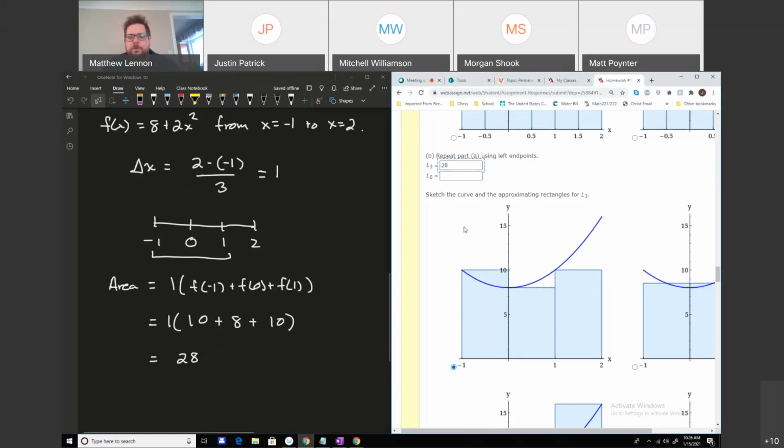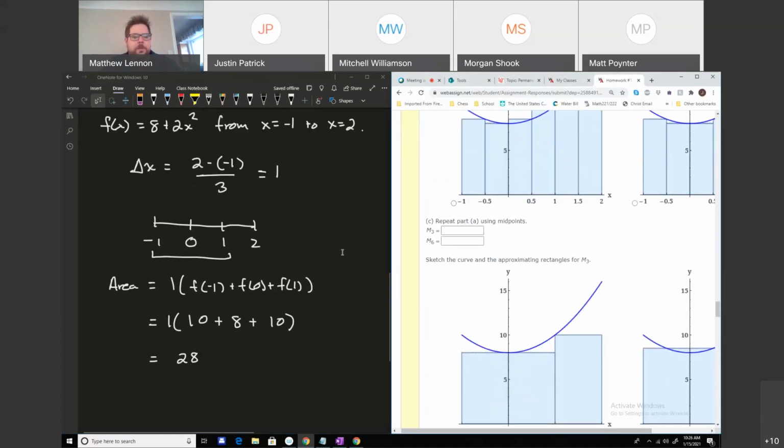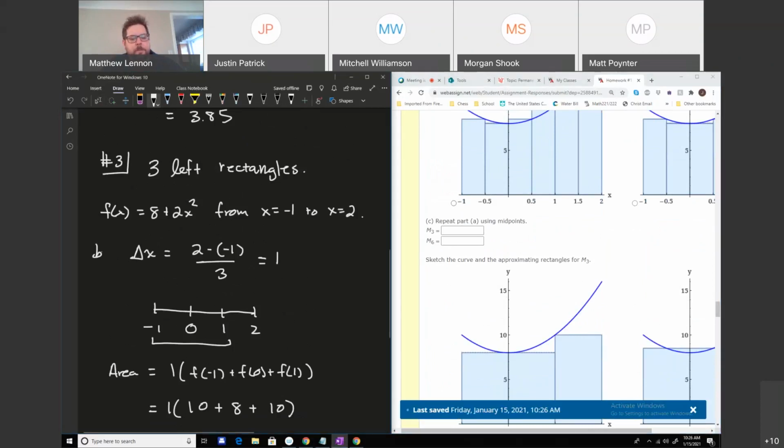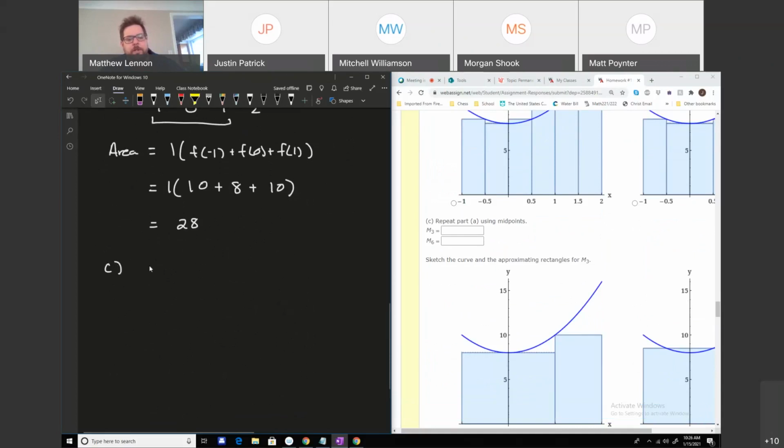I also promised you I would do a midpoint one. So why don't we do M3? So this is part B. Part C, we'll do 3 midpoint rectangles. All right, so we just have to adjust the partition there.